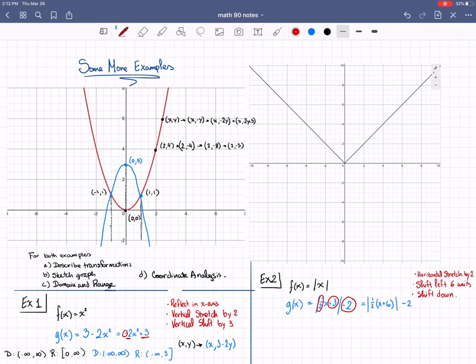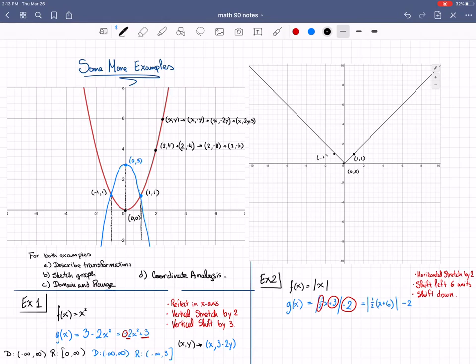Okay, here goes. So again, I'm going to do a few points here, and you can do more if you want. So let's do 1, 1, 0, 0, and -1, 1.